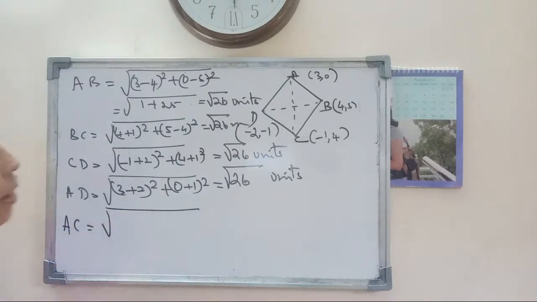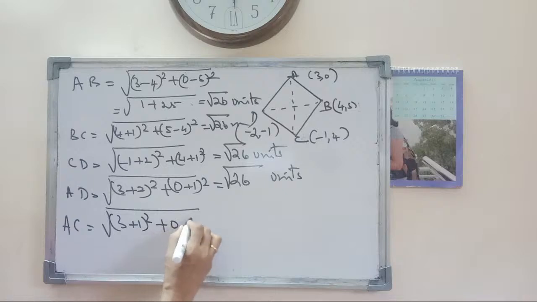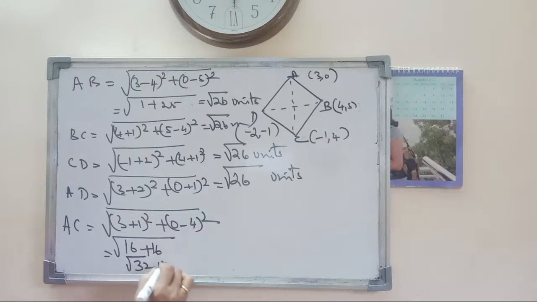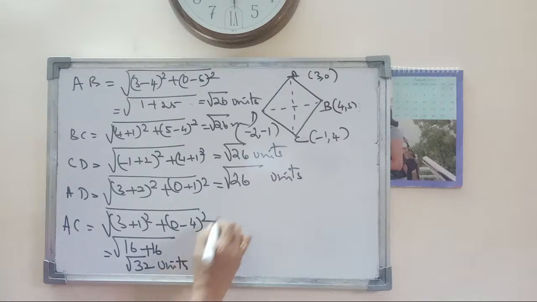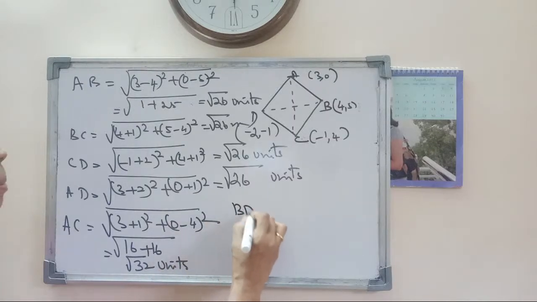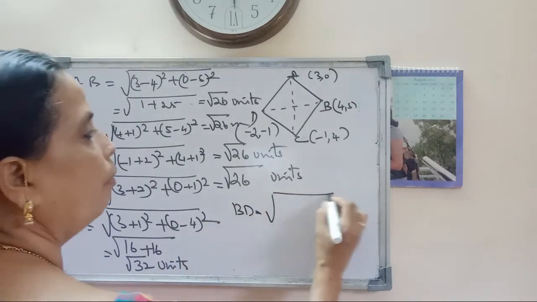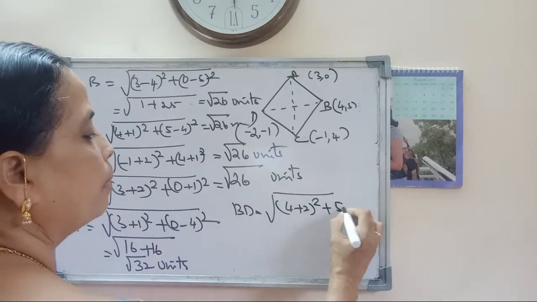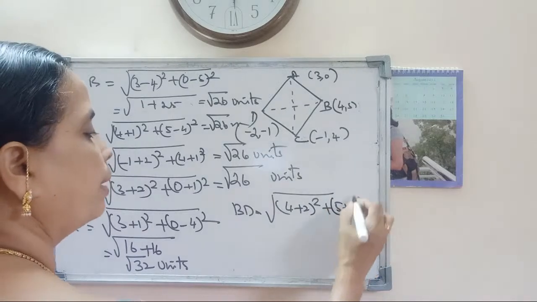You have to get the distance A to C, 3 plus 1 whole square, 0 minus 4 whole square. It is root of 16 plus 16, root 32 units. Then diagonal BD, root of 4 plus 2 whole square, 5 plus 1 whole square.